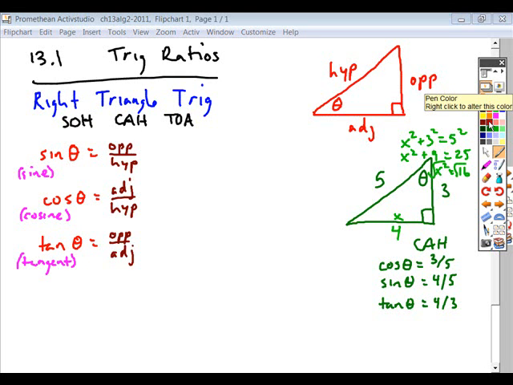And the way that we do that is the reciprocals of these. So you have the reciprocals of each of these functions. The reciprocal of the sine function is the cosecant.